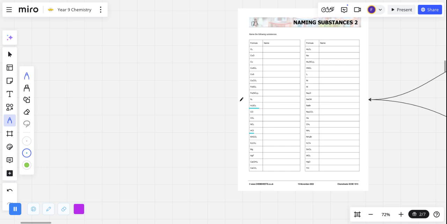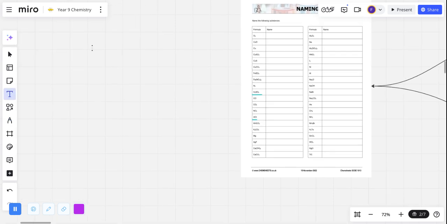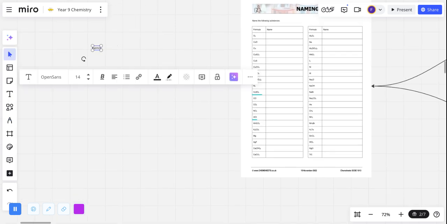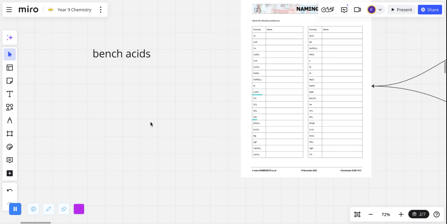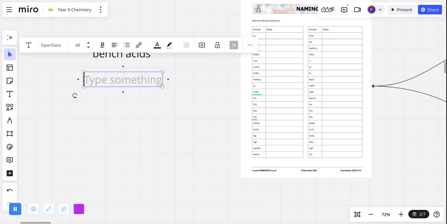So looking at these, there's a very old term that I use called bench acids and alkalis. Now I'm talking about bench acids first. These are the things that we use in school, and we do titrations with them, we do experiments with them, and they're on here. So we have hydrochloric acid. This is a strange one.